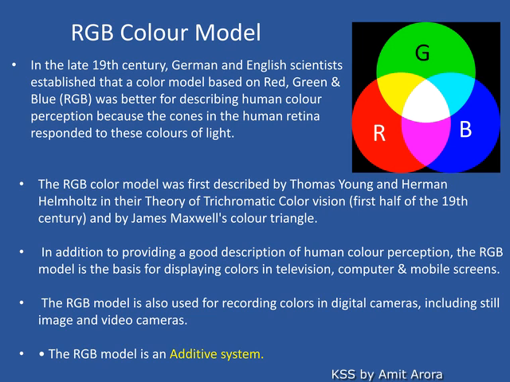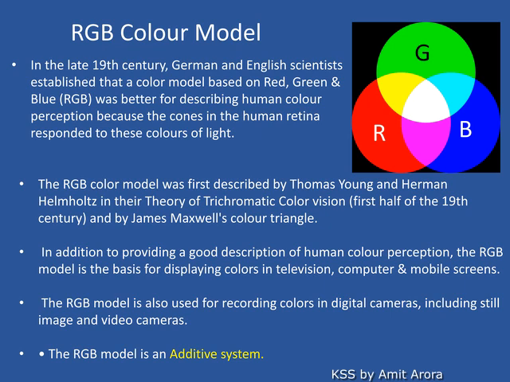In the late 19th century, German and English scientists established that a color model based on red, green and blue was better for describing human color perception because the cones in the human retina responded better to these colors of light.